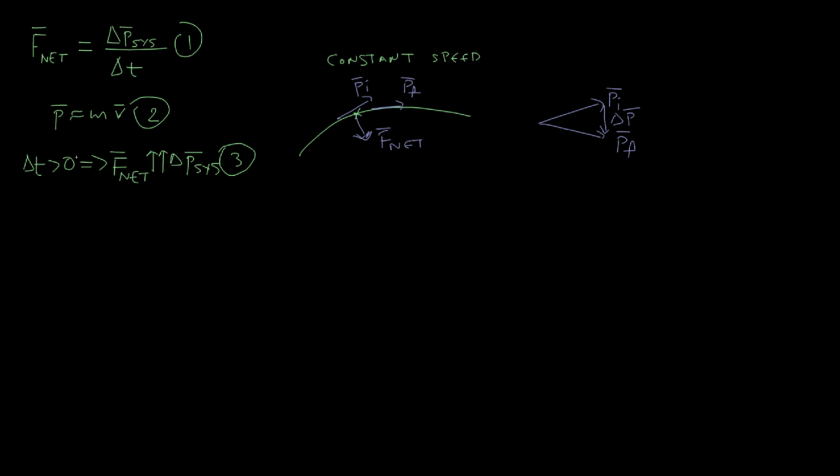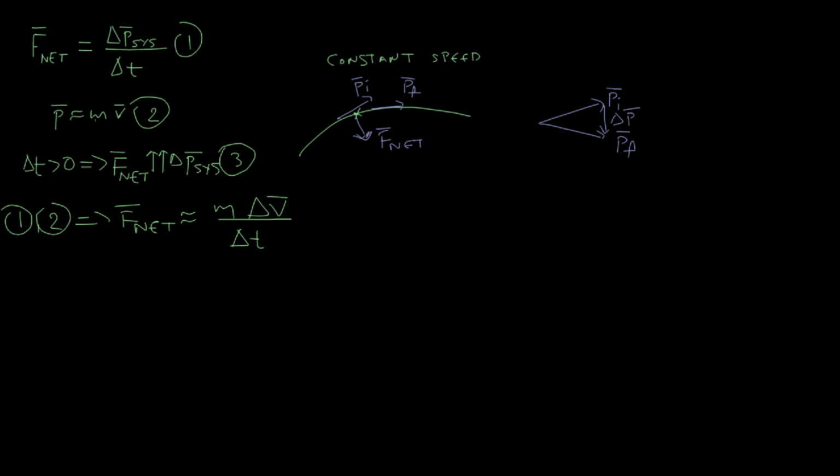If we combine 1 and 2, what we get is that the net force acting on a system will be roughly the mass of the system times the change in velocity over the change in time.